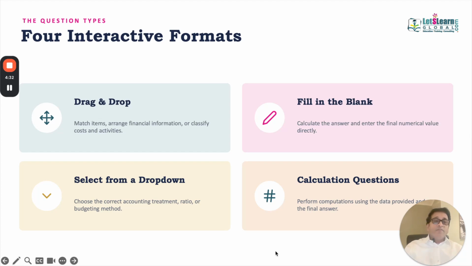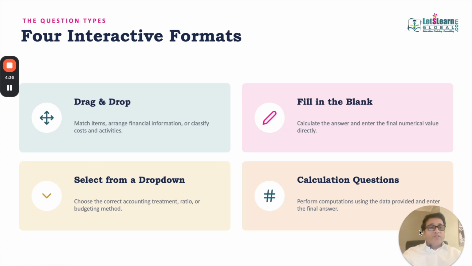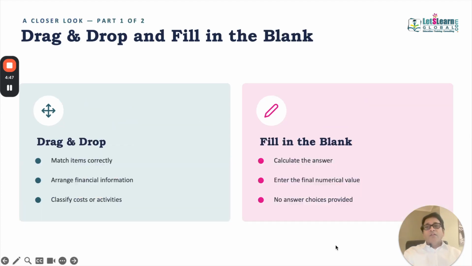Then you may have a drop down list wherein you need to select the right answer from the list given. You may have multiple answers, and you need to select the best one, the correct one. Now drag and drop is very simple. You just drag the correct answer underneath the related item.